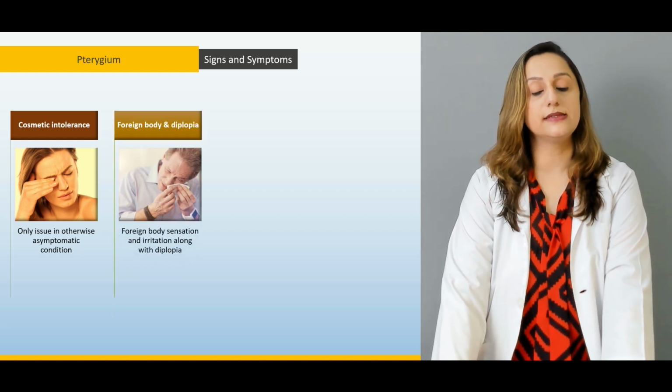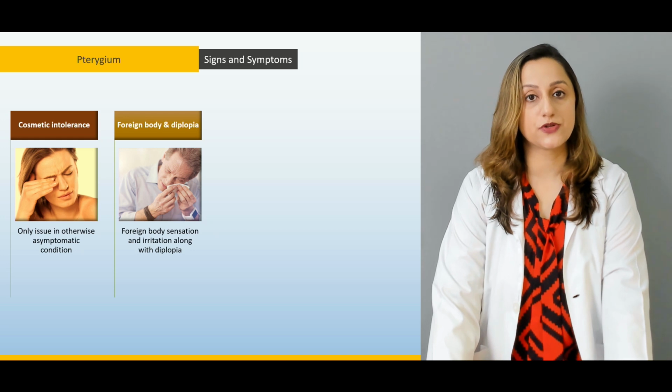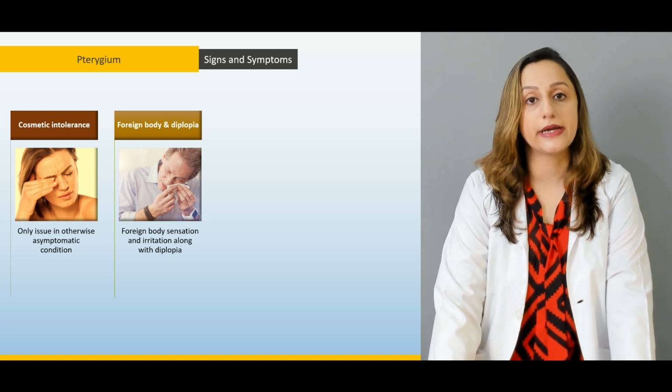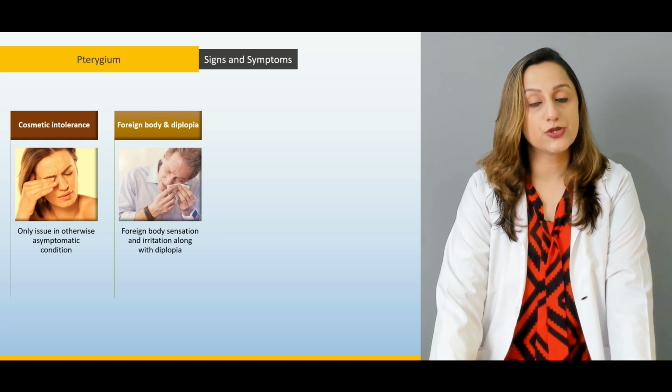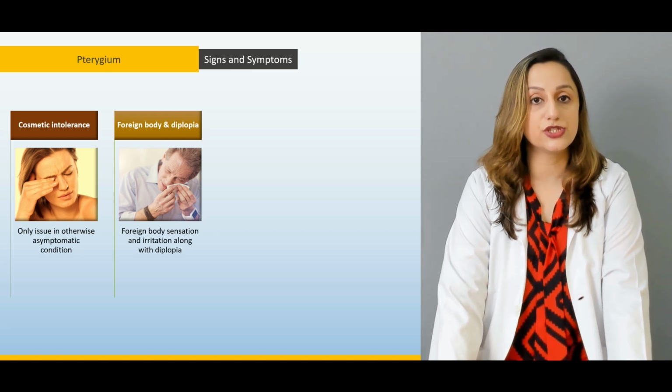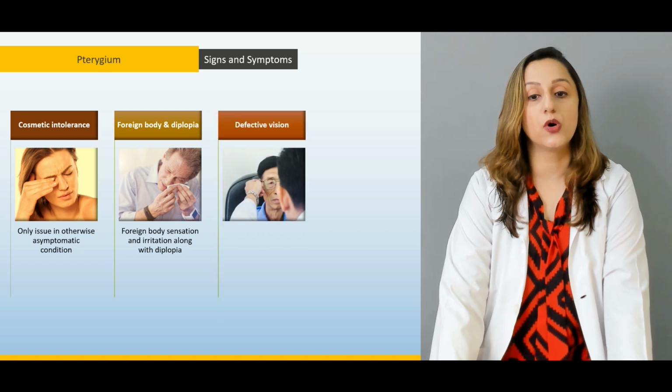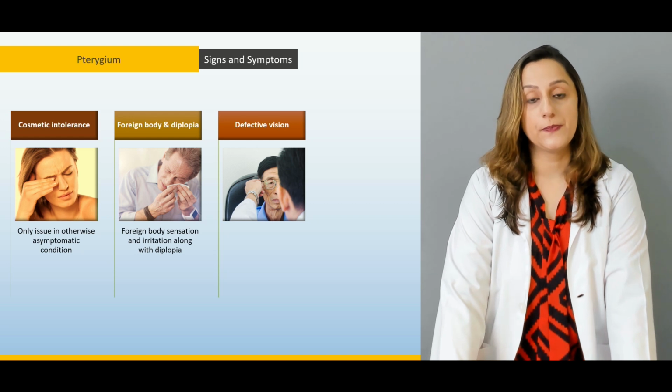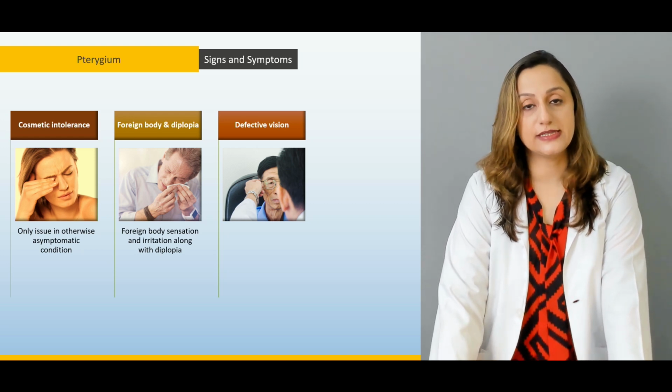The foreign body sensation and irritation is sometimes observed, along with diplopia, that is the double vision phenomenon. If it's encroaching the cornea, the visual acuity is also going to be decreased in these individuals.